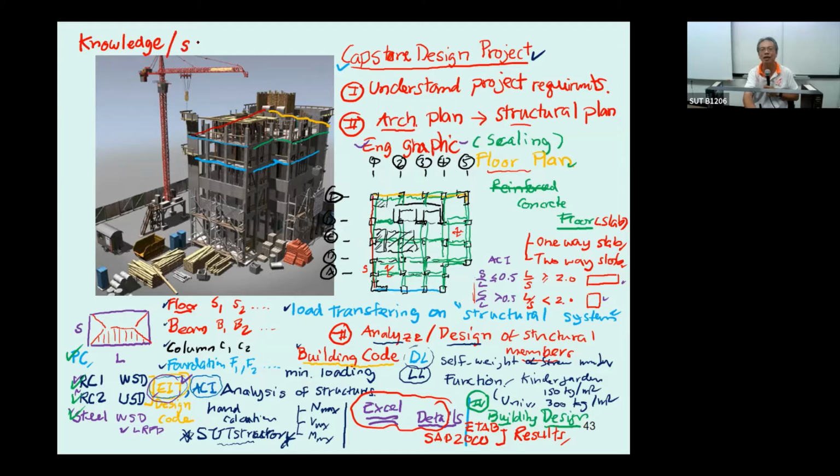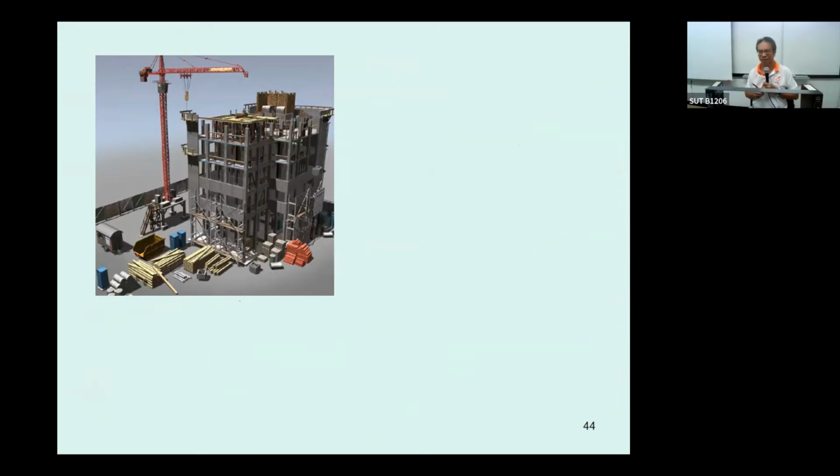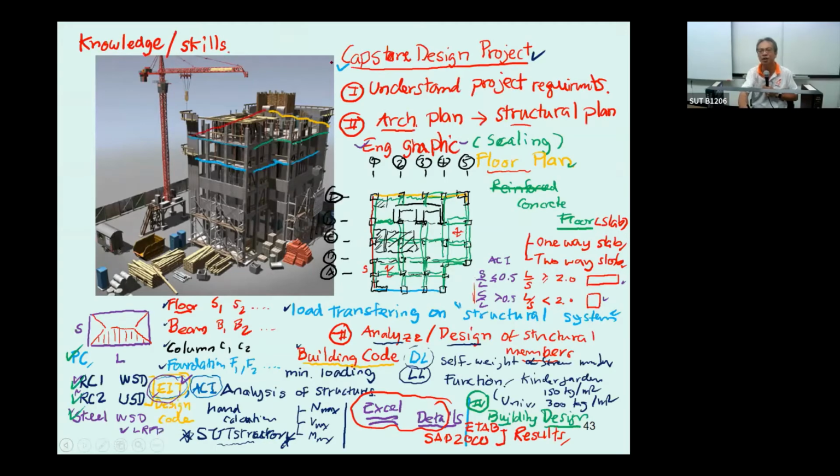And you also need to have the skill to work on this kind of project. And after finishing the capstone design, you're going to be at least close to what's so-called the engineer, even though we call you the young engineer.